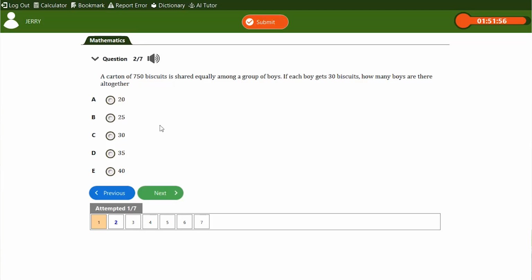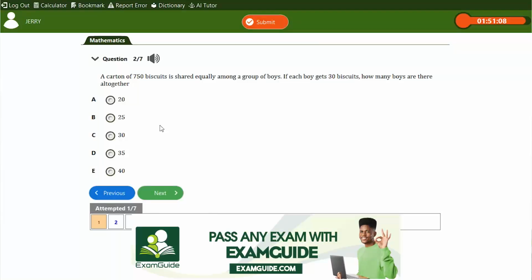A carton of 750 biscuits is shared equally among a group of boys. If each boy gets 30 biscuits, how many boys are there altogether?